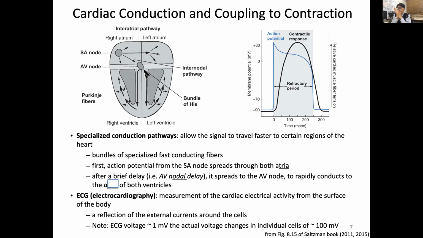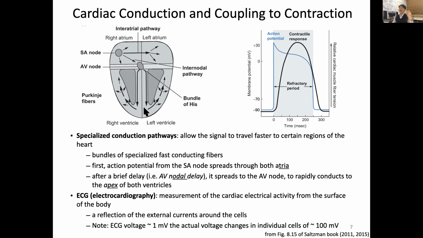You have to squeeze from the bottom to the top for better pumping. So the electrical signal should go faster down to the tip of the heart first, and then it starts to contract from the bottom. This bottom is called the apex. So after a brief delay, it spreads to the AV node and rapidly conducts to the apex, the tip of the heart, the bottom of both ventricles.